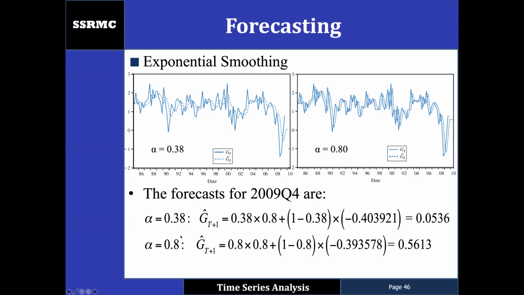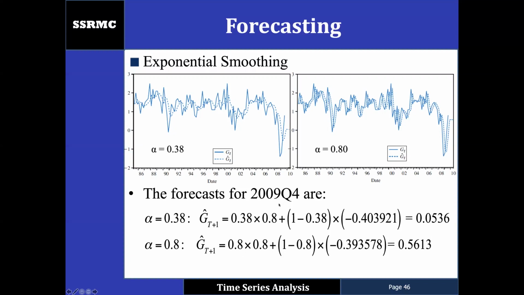You may also note the smoothing parameter can have a significant impact on the estimated value of GT plus 1. Notice that when alpha equals 0.38, the estimated quarterly growth rate is 0.05%, quite small. If we use 0.8 as the smoothing parameter, the quarterly GDP growth rate is much larger. It's 10 times the estimation when we use a smaller smoothing parameter.